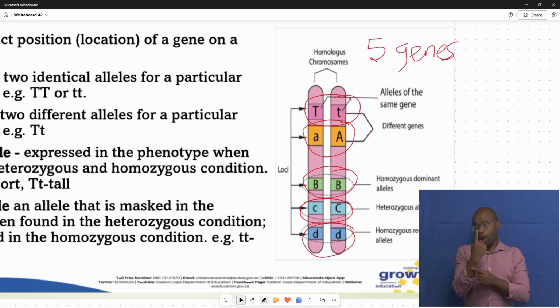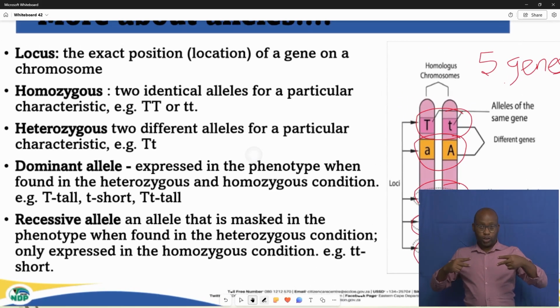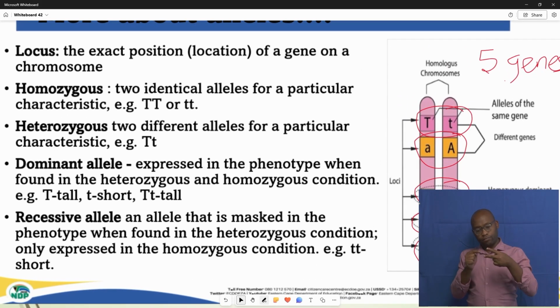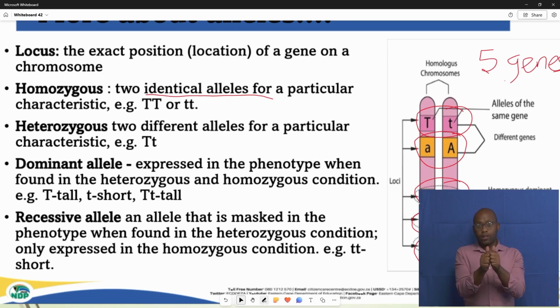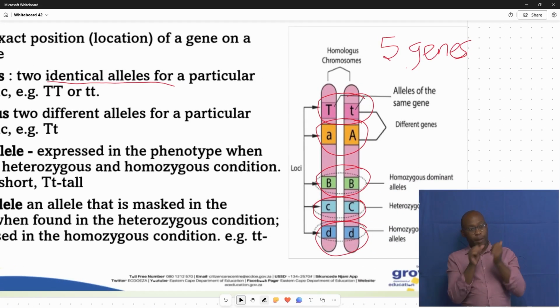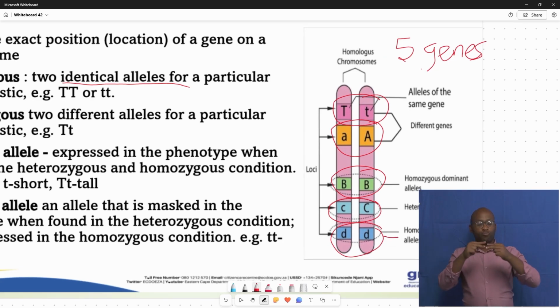Now let us go to the second definition, which tells us about homozygous alleles. Homo, in simple English, means same. When you have homozygous alleles, you have two identical alleles for a particular characteristic. From our diagram here, we can identify that gene number 5 is homozygous because it has identical alleles.